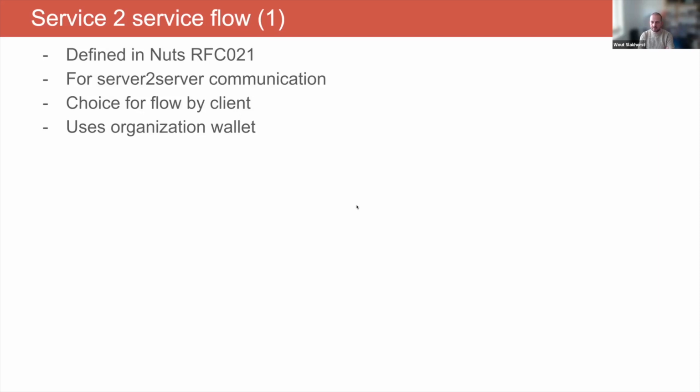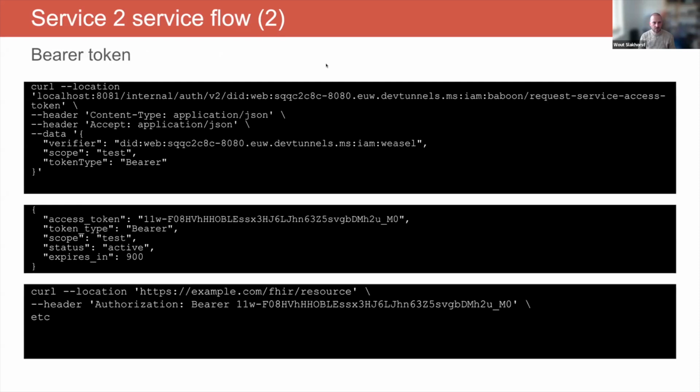But currently, all these new protocols and implementations are still focusing on the user. So the service-to-service flow uses the organization wallet, which also requires you to upload credentials via an API. So these are the specific calls you have to do and the answers you're getting back.